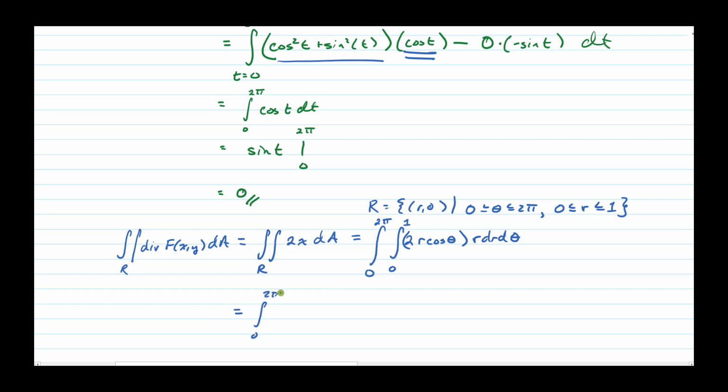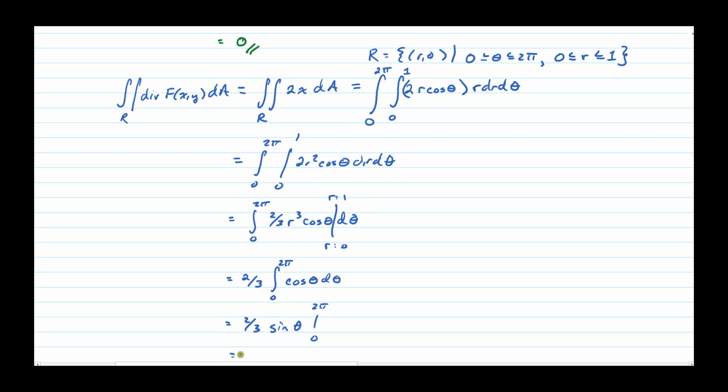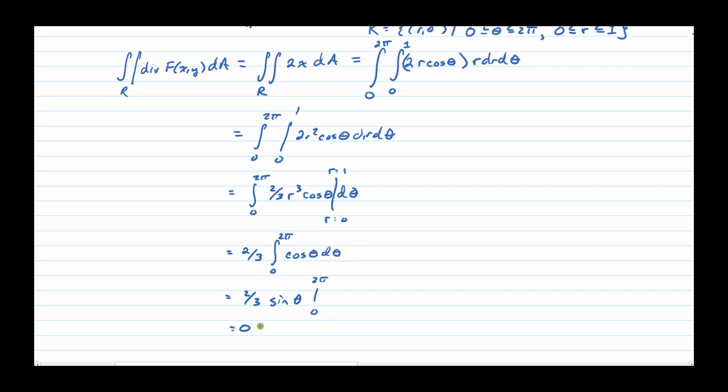So this is the integral from 0 to 2 pi of the integral from 0 to 1 of 2r squared cosine theta dr d theta, and I'll just evaluate this. So notice in evaluating this integral, we also got 0, although we arrived at that value through different calculations.